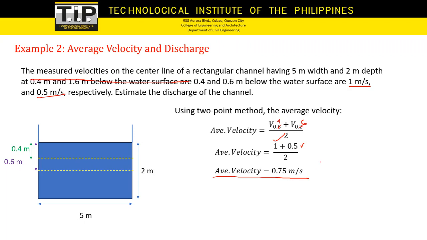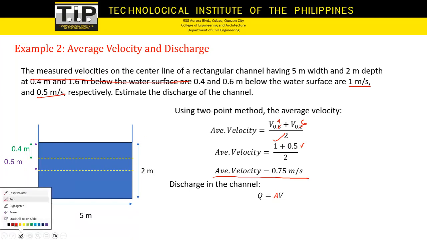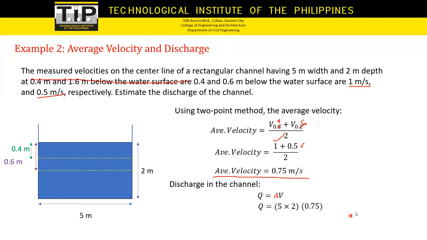It's not the end yet. Multiply it by the area. Q is equal to area times velocity. The area is just the area of our cross-section. Since it is a rectangular channel, multiply the width of 5 meters times the depth of 2 meters, so that would be 2 times 5, and then our average velocity, which is 0.75.